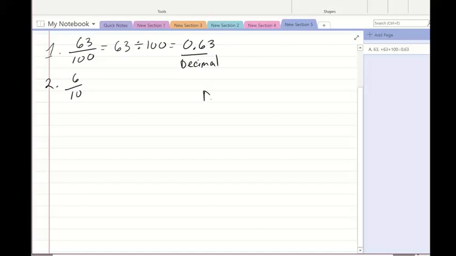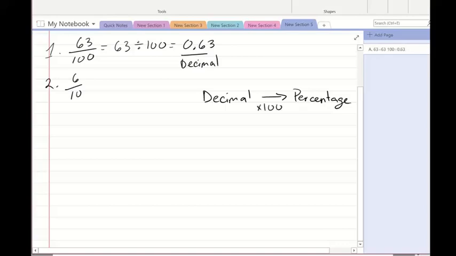So I'm going to write that down right here. Decimal to percentage: the way you do that is you multiply it by 100. And it has nothing to do with this 100 right here. That's just a rule. So your decimal times 100 gives you 63, and don't forget the percent sign.